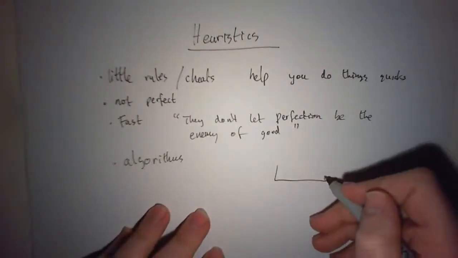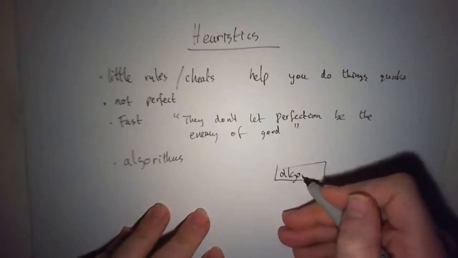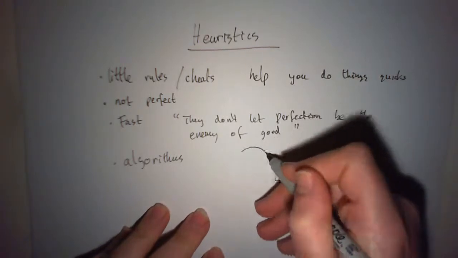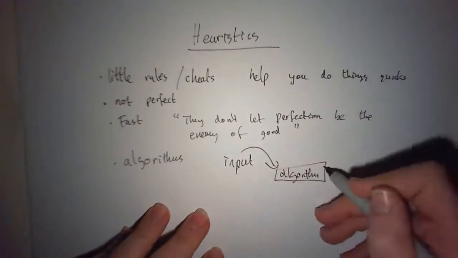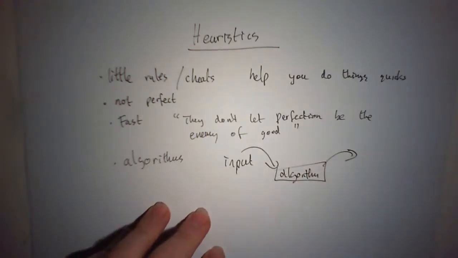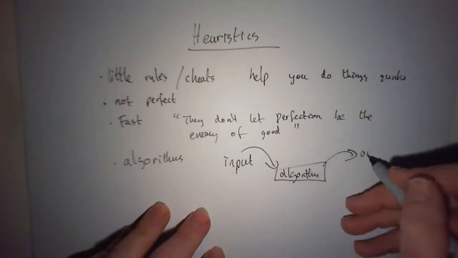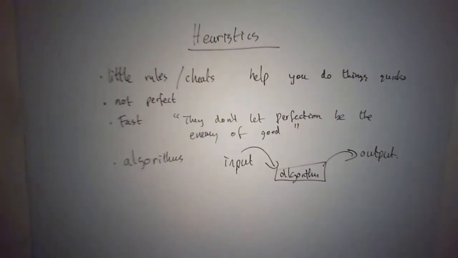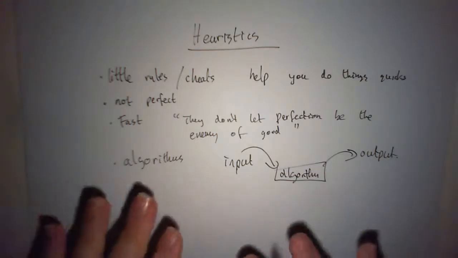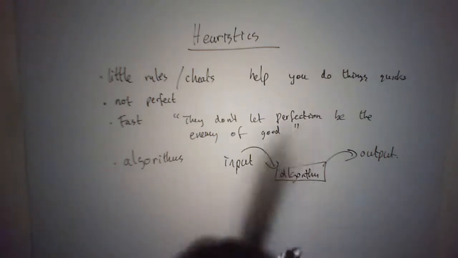So in other words, here's your algorithm. If you put in an input, data, whatever it is, you get out an output. That's what they do, okay? That's the raison d'etre of algorithms.